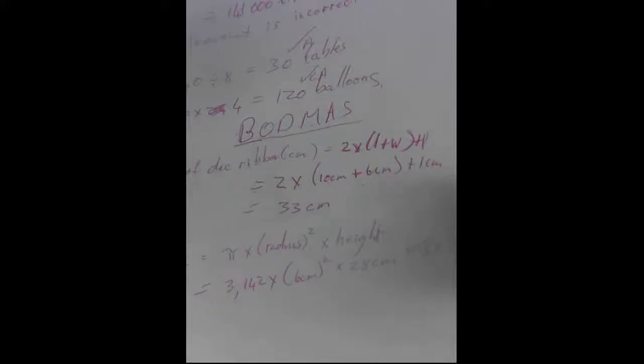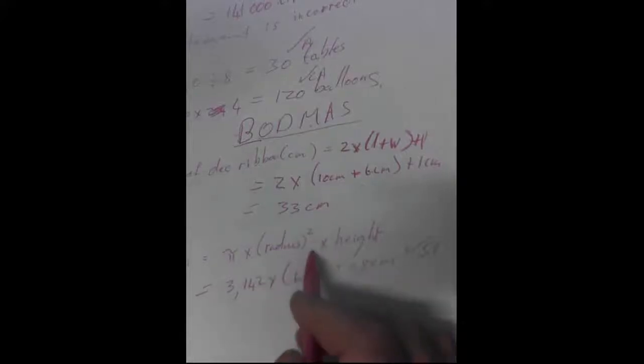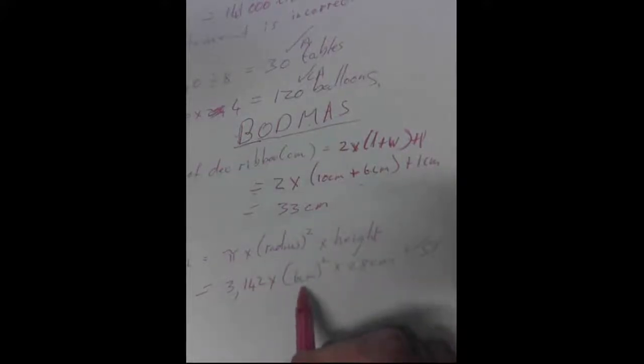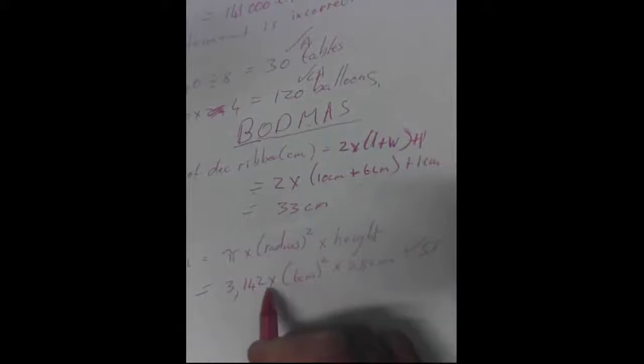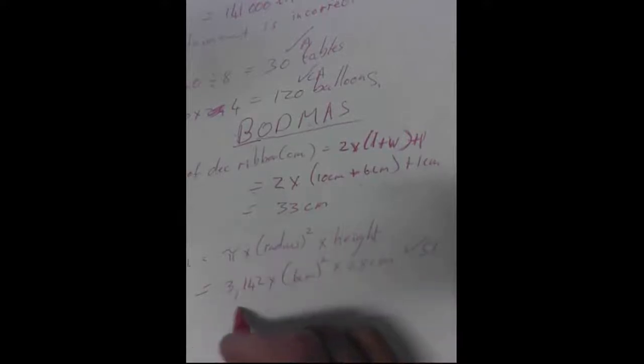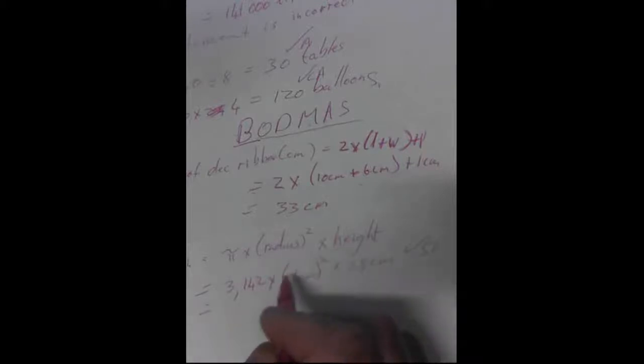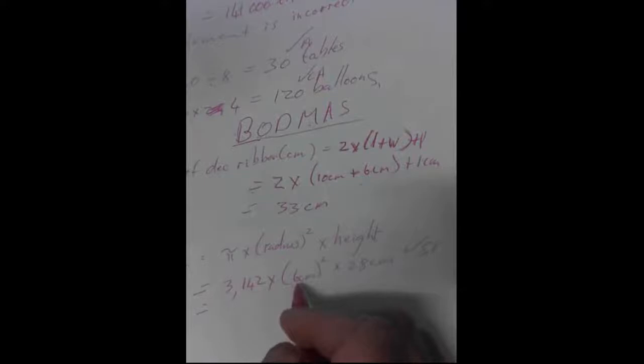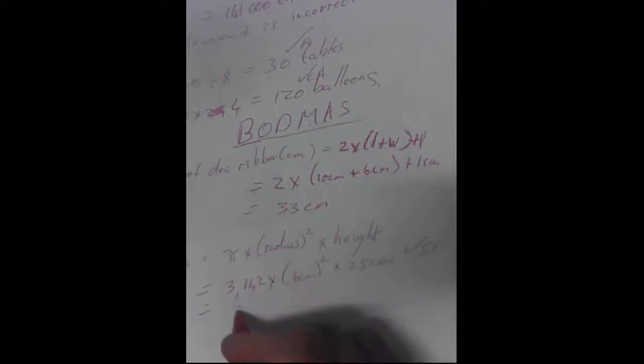And if you look at BODMAS, first in the bracket, 6 multiplied by 6 is 36. Then you can multiply that out in a straight line. And you just use your calculator. But I would say some of you don't have the built-in BODMAS, so you must first do that.